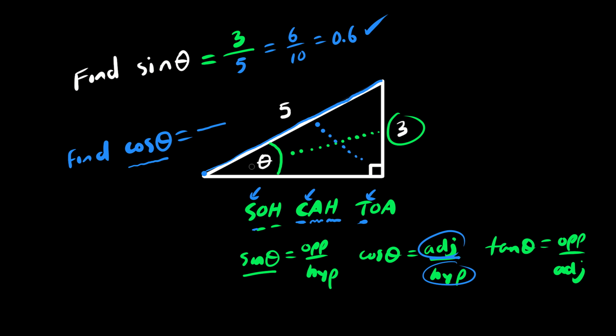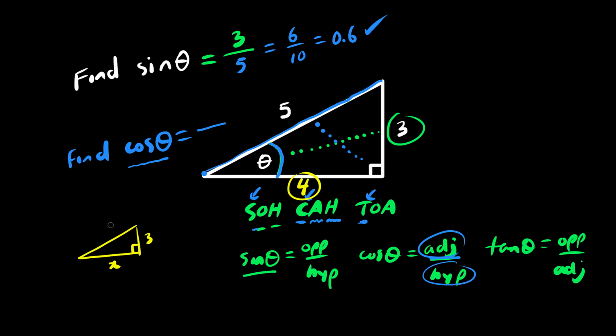Now, what's the adjacent? The adjacent is this value here. If you recall from the Pythagorean Theorem, this is a 4. 3, 4, 5 is a famous Pythagorean triple. And if you really want to refresh some previous math, this here is your unknown x.